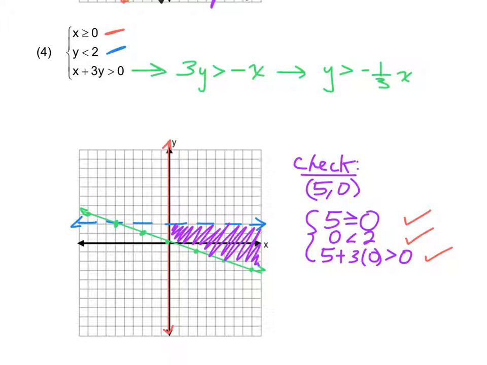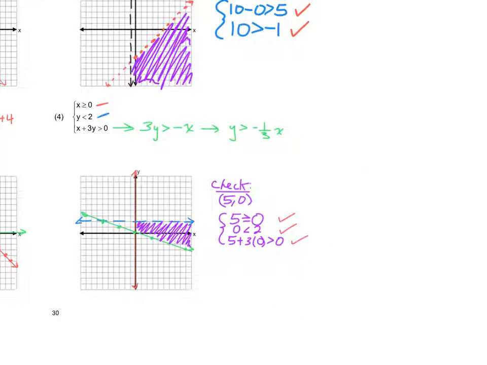You should get something that's false. If it's false for any part of it, it's out. If it's true for 2 of them and false for the third one, no good. So this one should be dashed.